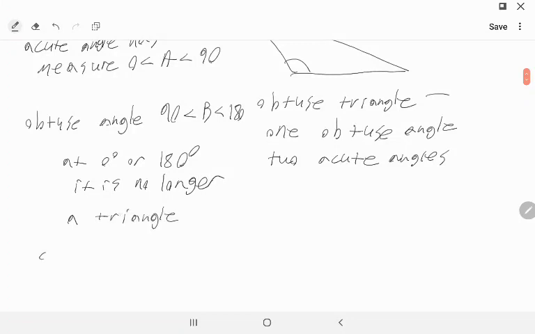For 0 degrees, we would just get a line segment. A, B, and C would match. And if we had 180 degrees, again, not a triangle.